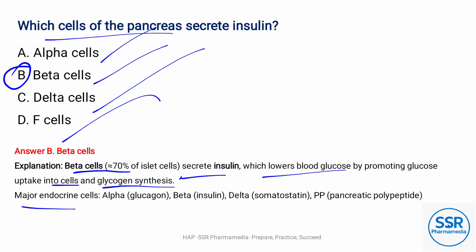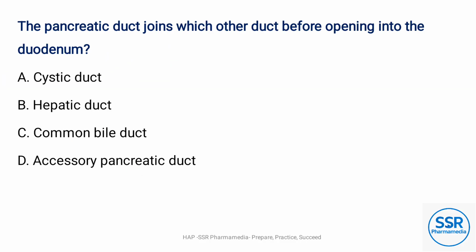Among the major endocrine cells, alpha produces glucagon, beta produces insulin, delta produces somatostatin, and pancreatic polypeptide is another type of hormone. But mainly these three are produced by alpha, beta and delta.